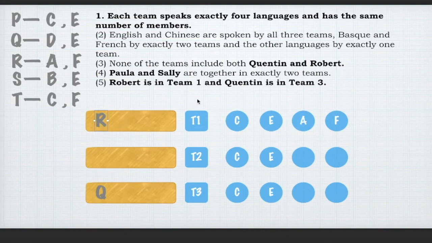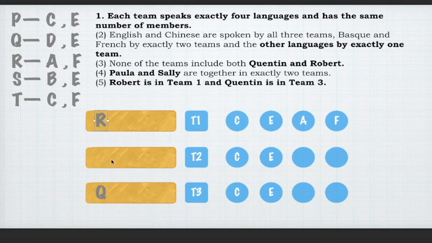Now, step by step deductions, right? I was told that all the other languages are spoken by exactly 1 team. That means if Arabic is present in team 1, Arabic is not going to be present in team 2 or team 3. That also tells me that R anyway cannot be in team 3 because R and Q cannot be together.